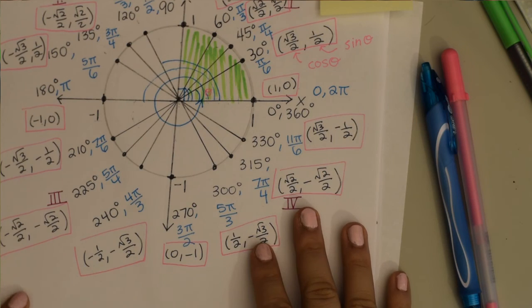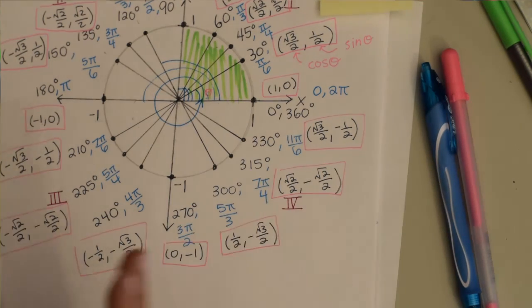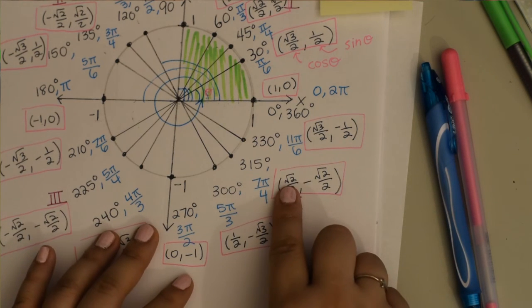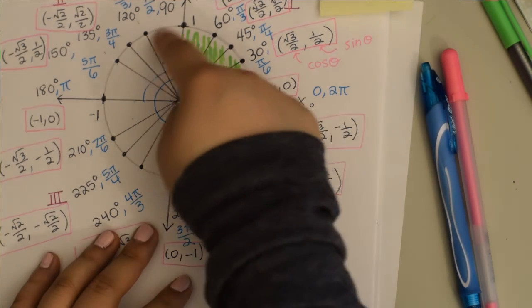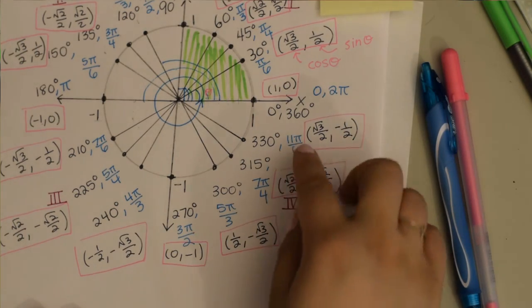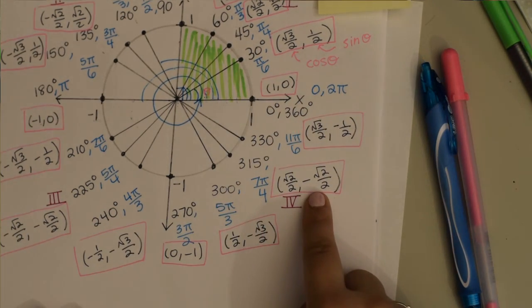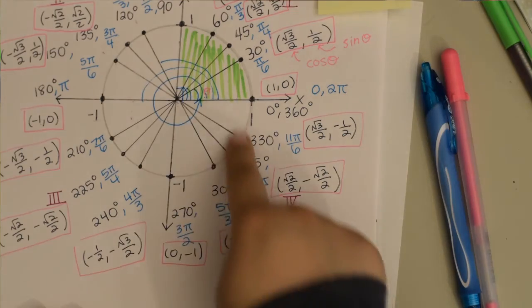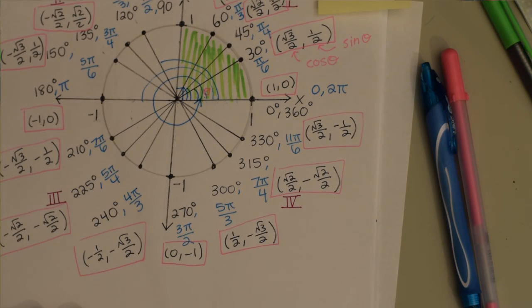And then remember, if you want to go a step ahead, the x coordinate is cosine of my angle. So for instance, cosine of 315 degrees is root 2 over 2, and sine of 315 degrees is negative root 2 over 2. So you can take it a step further from there.